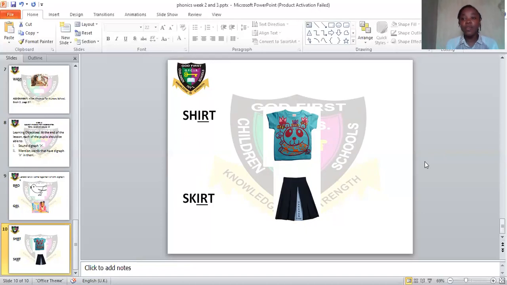Now let's sound third, everybody. Third, third, third, third. We have many examples of words that have digraph sound IR in them.